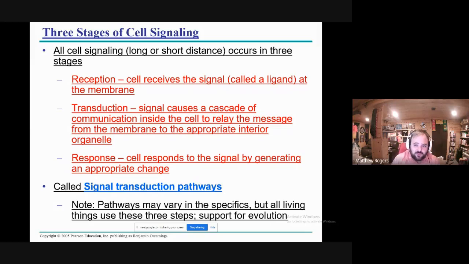For the most part here, we have 3 stages of cell signal. Short distance. There's reception. Set a signal.